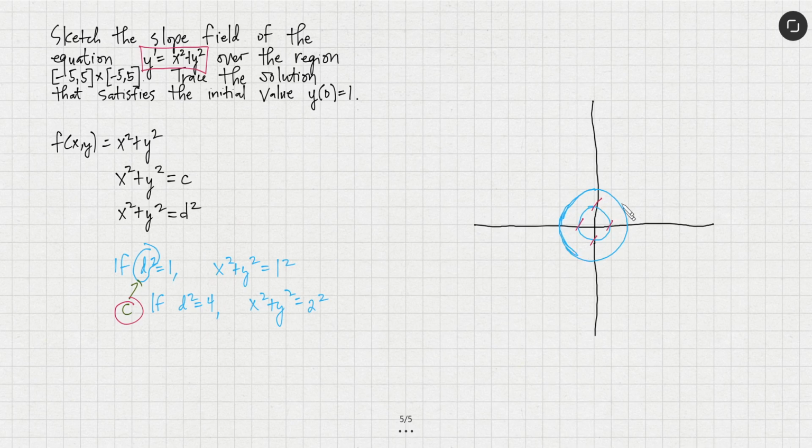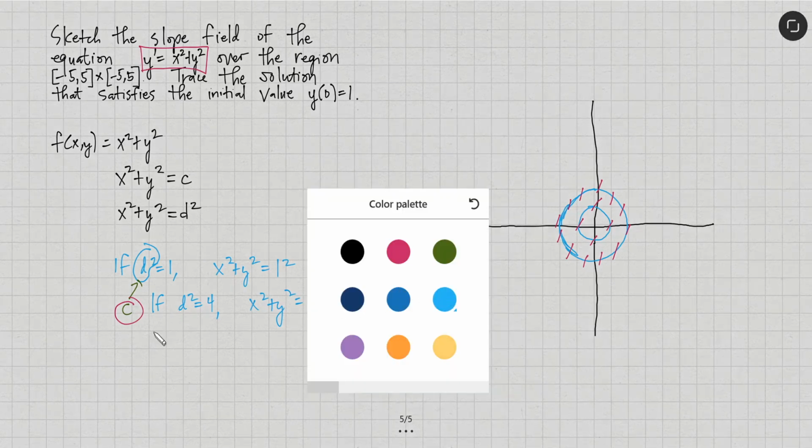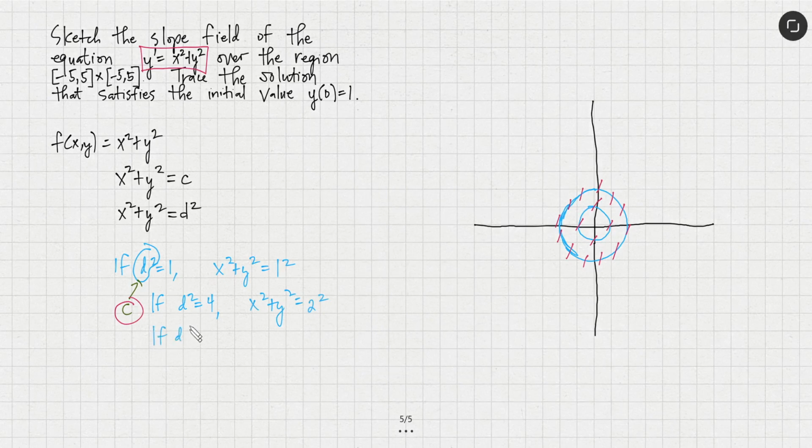So, itong mga slopes na to, they are steeper. Pero pare-pareha sila na 4 yung slope. Ayan. Let's try one last. If d squared is equal to 9, then x squared plus y squared is equal to 3 squared.